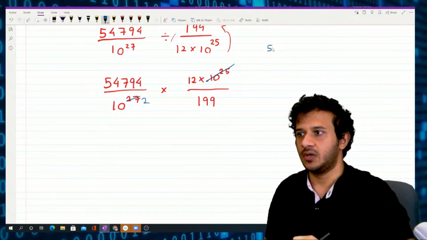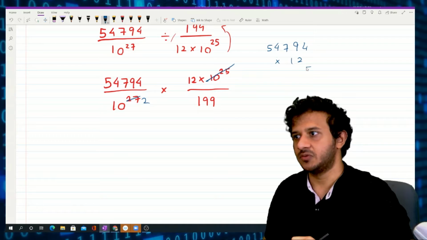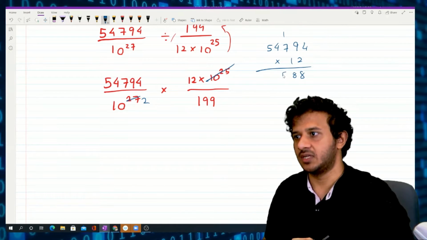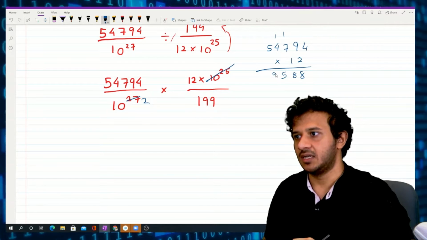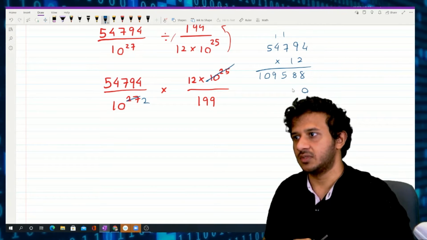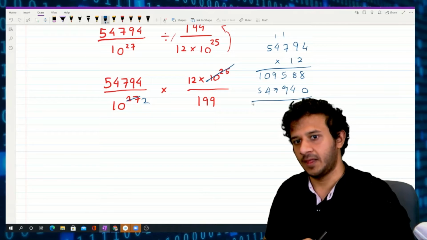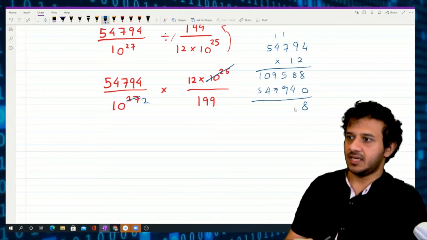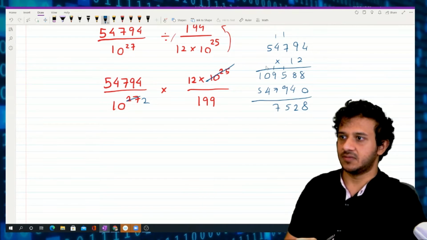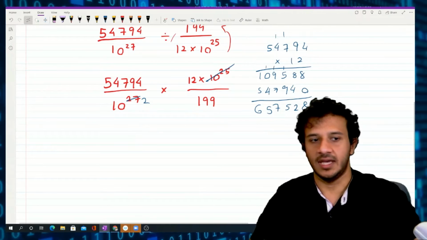So 54794 multiplied by 12. It's 8 and 18, one comes here, 14 and a 5 is 15, one comes here, 9 and a 1 is 10 and a 0 comes here, and 4 and 9 and 7 and 4 and 5. And that adds up together as 8, 12, one comes here, and 15, one comes here, 17, one comes here, 5 and a 6. So you will get, give me a moment.